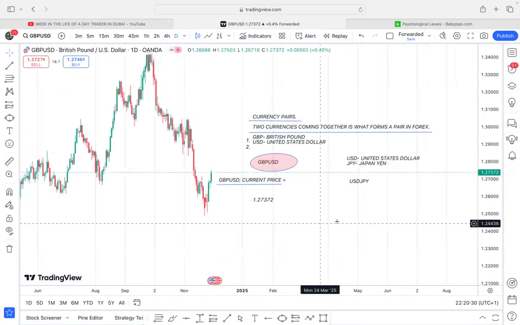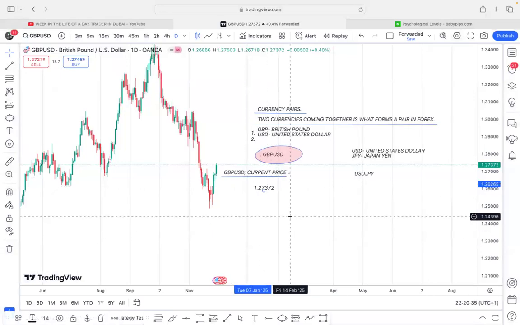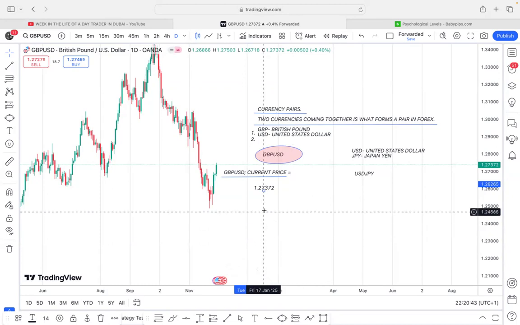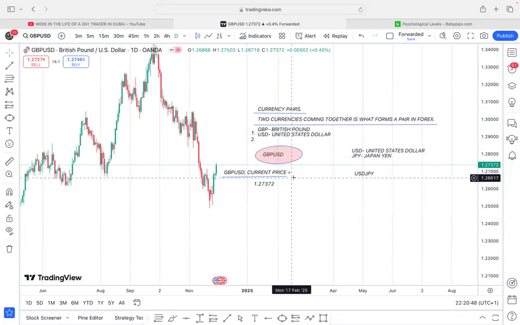So now, the current price of GBP. I'm teaching you how to calculate pips now so that you can learn how to properly calculate your psychological levels. Do you understand? The current price right here of GBP is 1.27372.